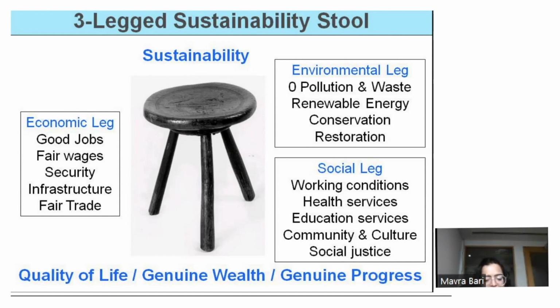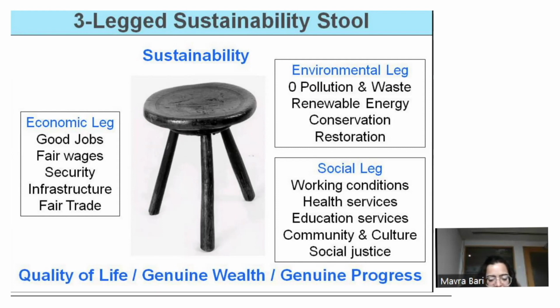So each leg is made out of all of these things, right? And the idea is that if one leg was broken or wobbly, the whole stool would be wobbly or broken and you could not sit on it or you would fall, right? So it's not the most sustainable model because they're all working not in tandem, but they're separate. So there's not enough overlap.